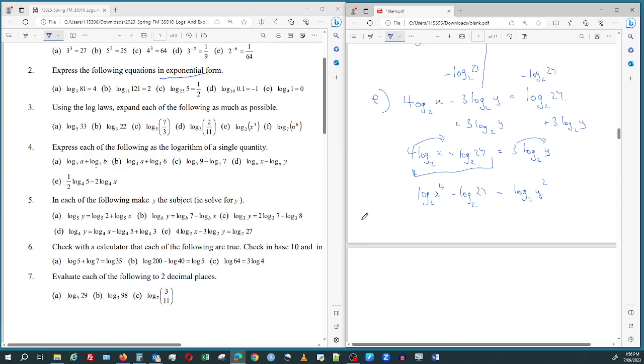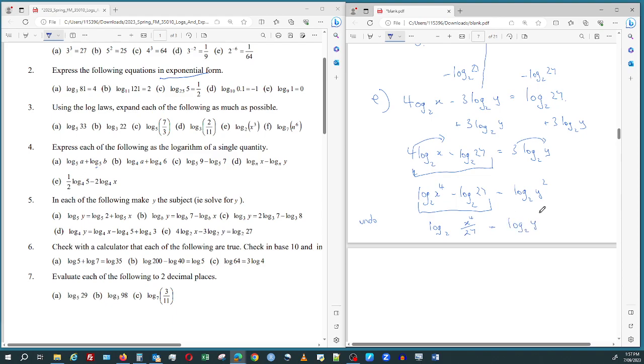Now we can undo the logs. It's all base 2, so we can put them to the power. Oh, wait a minute, we've got to do the quotient first. Nearly did it to myself. So we've got a quotient here that we need to deal with. So log base 2 of the numerator divided by the denominator is equal to log base 2 of y squared.